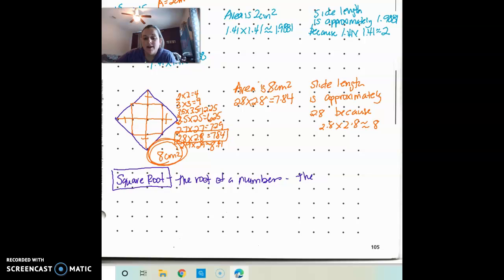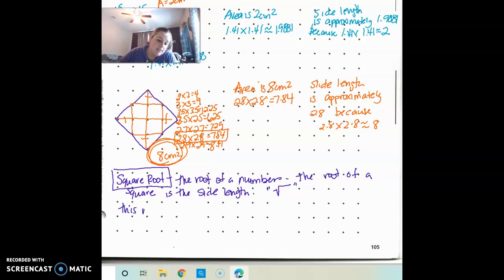The root of the square is the side length. And we have this fancy symbol for it. Looks like the dividing symbol, but has a little hooky thingy on it. This little symbol says the square root of. So I want you to find me the root of a square, the root of its area.